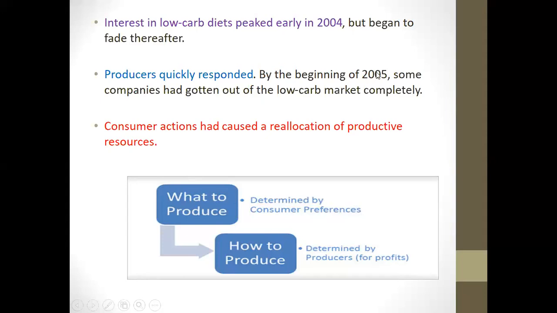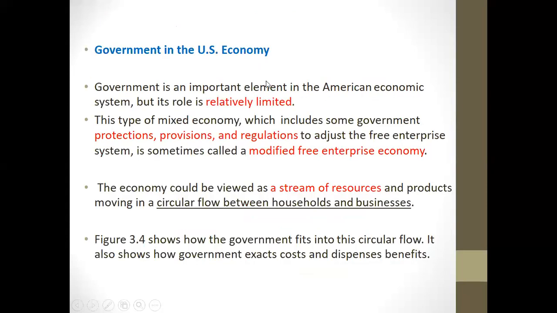By the beginning of 2005, some companies had gotten out of low carb market completely. Se salió nuevamente y regresaron a high carbohydrates. Consumers' action had caused a reallocation of productive resources. Nuevamente, once again. Okay. Now, aquí vamos a hablar otro aspecto que es la última parte de este capítulo.